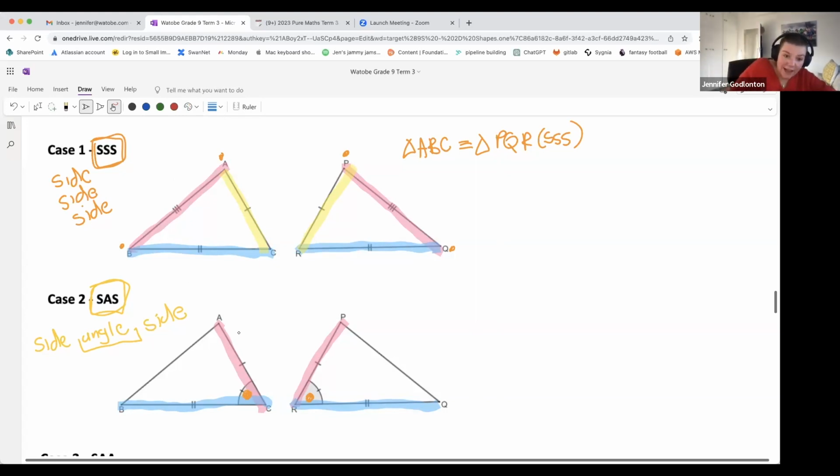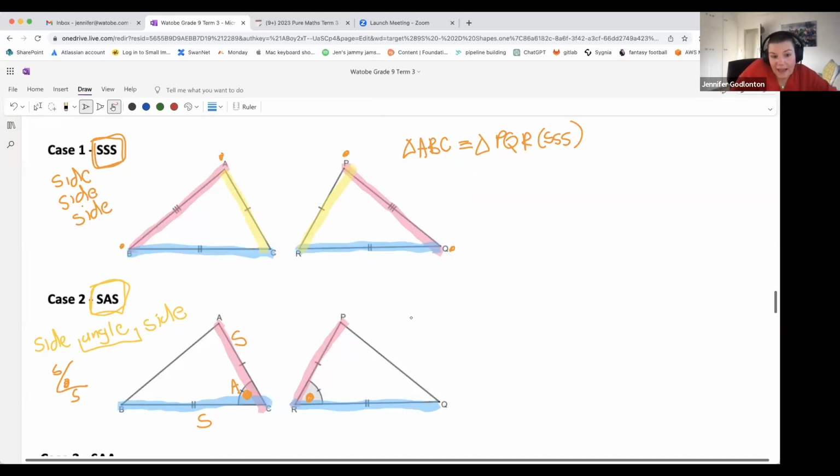So it's a side angle side. The angle is in between the 2 sides. And that is super, super important. If they'd given us an angle over here, we wouldn't be able to use that rule. The angle has to be between the 2 sides. So sort of think about it like this, and then it might make it easier.